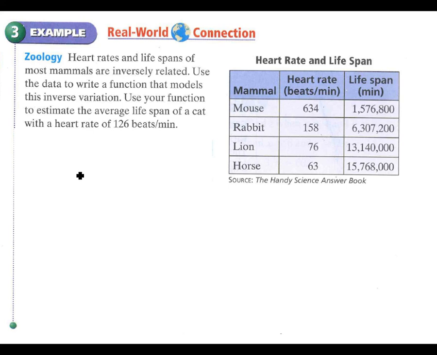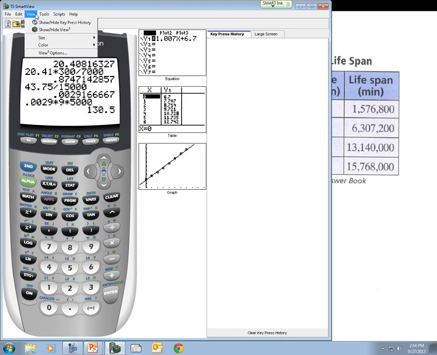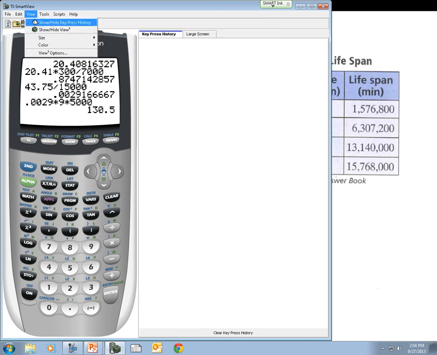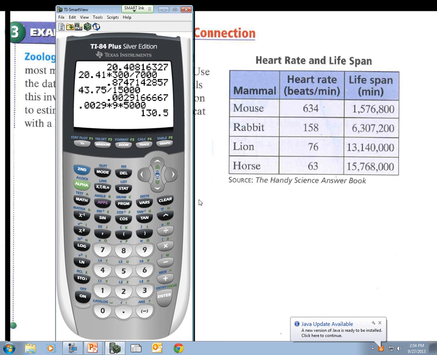All right, so we have our inverse variation here, so let me bring up our calculator. We're going to need that. Okay, so we want to multiply across here.